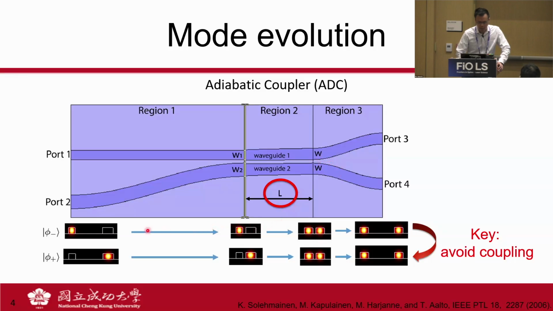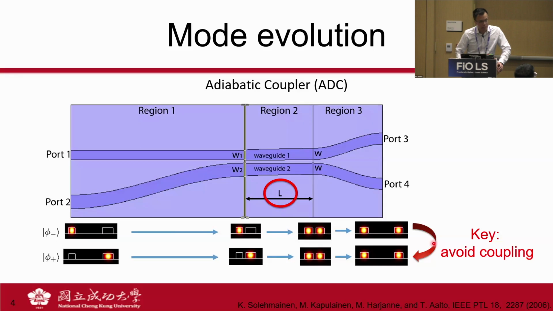So if the input light can evolve along one of these super modes, then we can have very good 3 dB coupling. And the key here, again, is to avoid the coupling between the super modes.